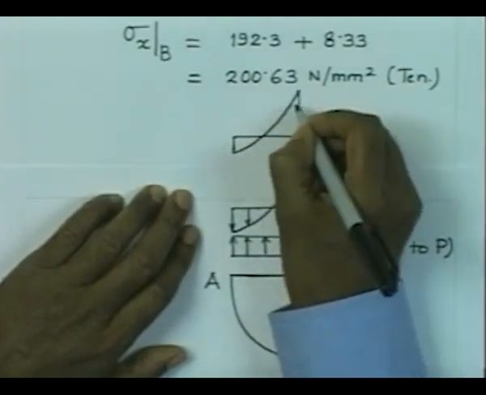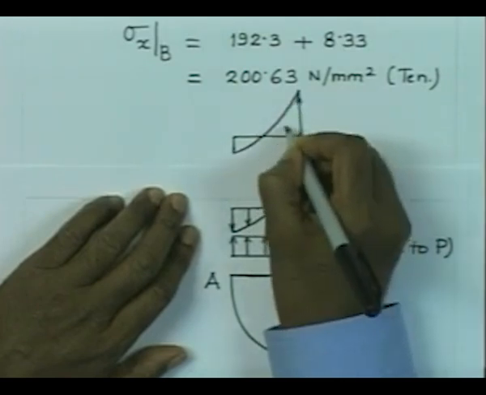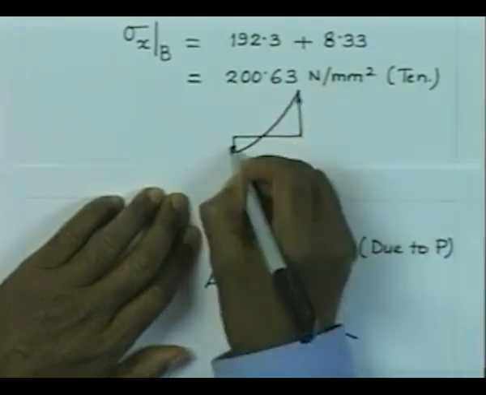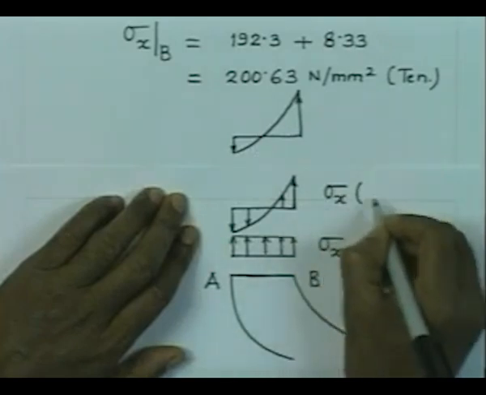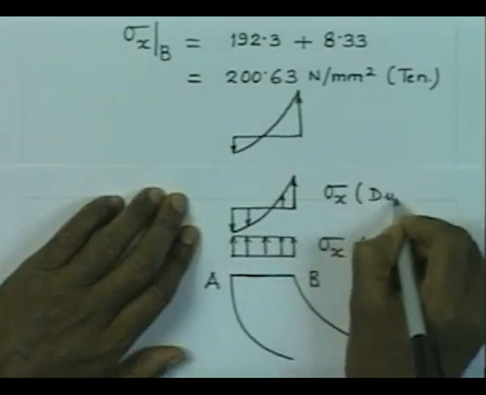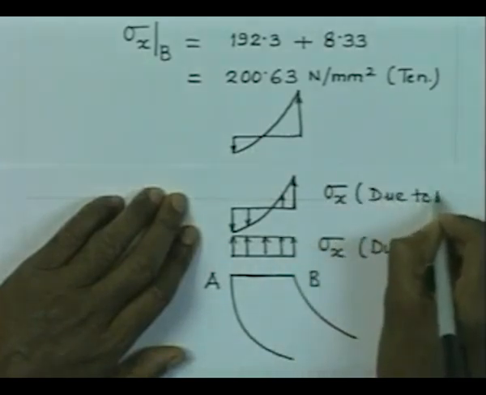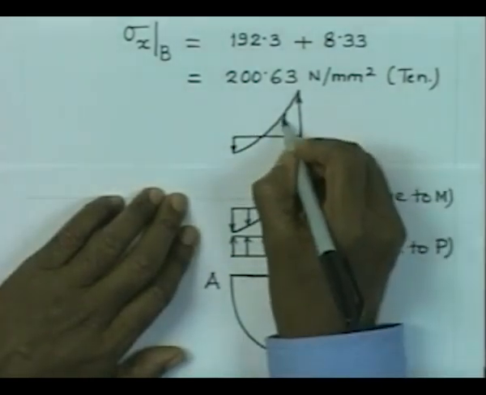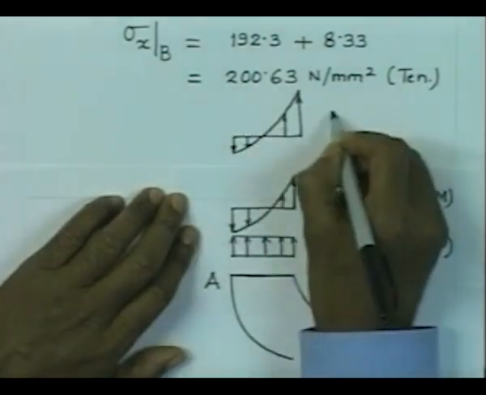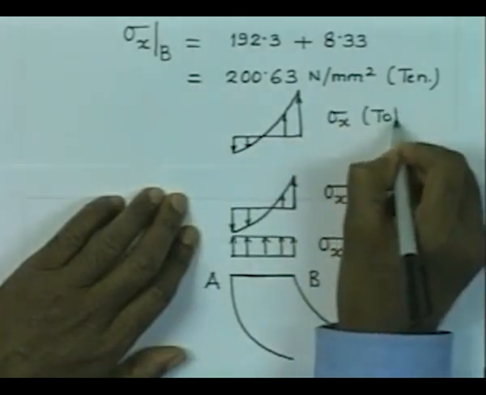We have a variation finally which is going to be the total variation. So, this is sigma x due to m, and this is the sigma x total.